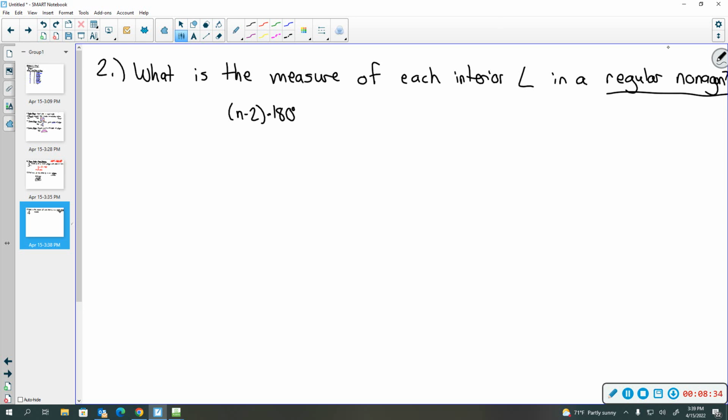And I know a nonagon, based on my chart, has 9 sides. So 9 minus 2 times 180, or 7 times 180. Well, that tells me that the total number of angles or degrees inside of this thing is going to be 1,260 degrees. That's not the final answer, though, because it wants each interior angle, not the total.